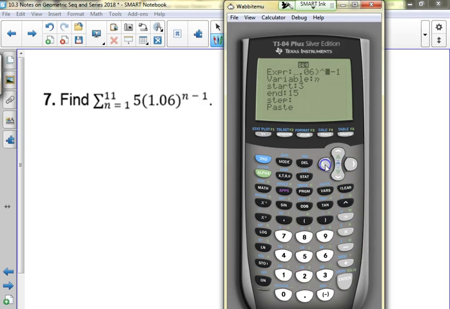Uh-oh, need extra parenthesis around that, I think. Because mine didn't go up into an exponent, so n comma 1 comma 11.